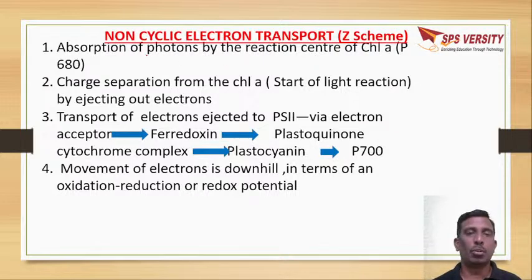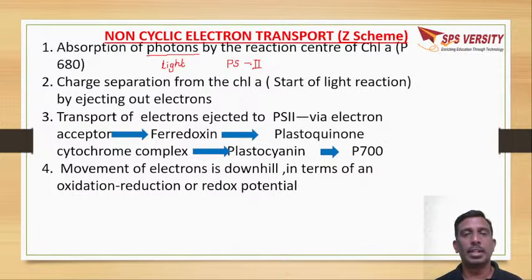Whenever the photons, means the light energy, are absorbed by chlorophyll A of photosystem 2, we'll start with photosystem 2. Non-cyclic electron transport photosystem 2 से शुरू होता है.